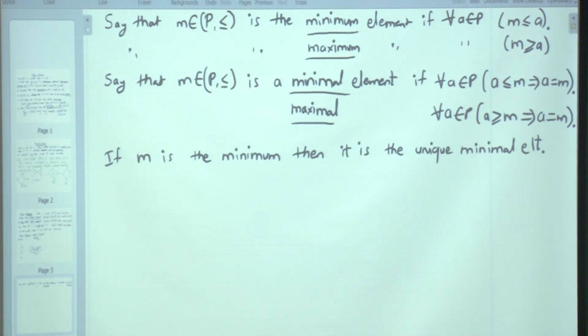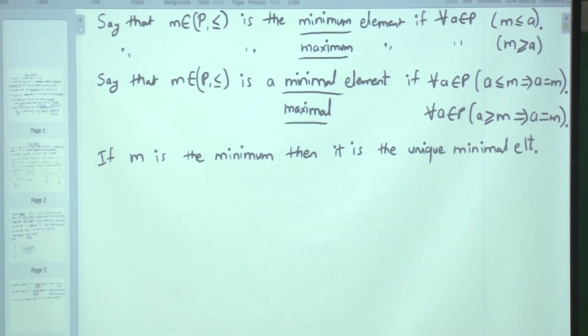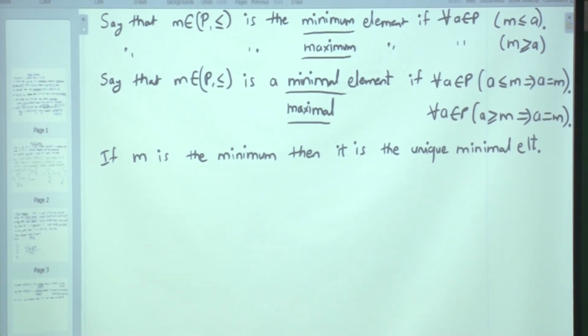Please do not get confused. Minimum, if it exists, then it is unique, and minimal, even if they exist, there could be multiple of them. So for example, now consider N plus, which means positive natural numbers with divisibility.